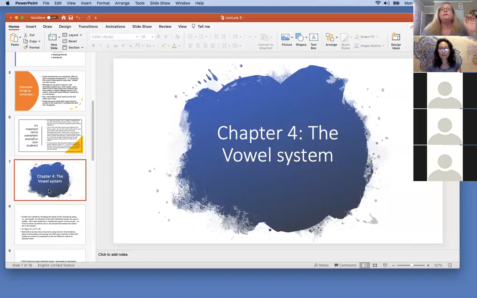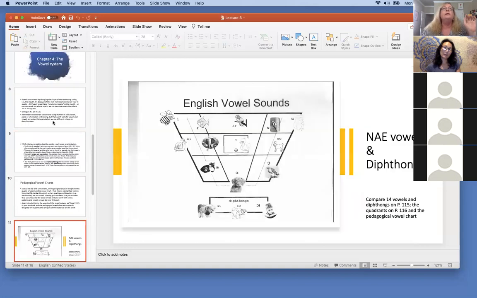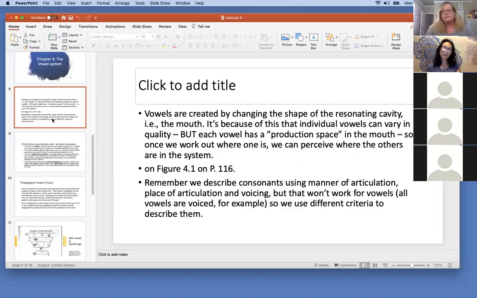All right. So what is this basic system I speak of? Right, it's time to grab your textbook, which should be around you somewhere, so that you can follow what I'm talking about here. Vowels are created by changing the resonance cavity, which is the mouth, basically, and each vowel has a sort of production space in the mouth, so we work out where one is based on where the other one is.